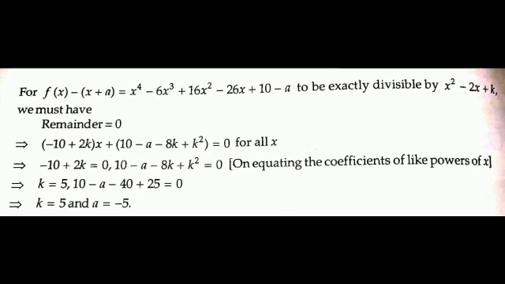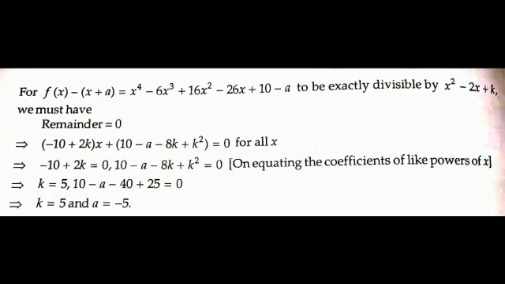So we must have the remainder as 0. It means the remainder we have obtained after the long division method should be equal to 0 for all x. Therefore, we equate both terms to 0. There are two terms in the remainder, one containing x, another the constant term.